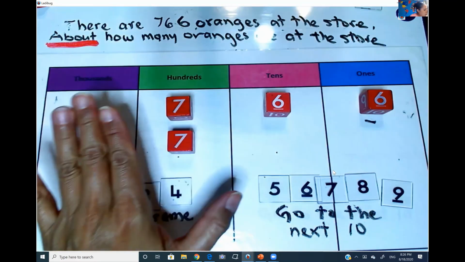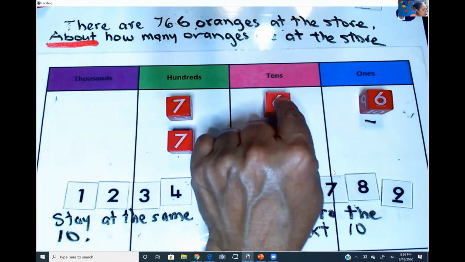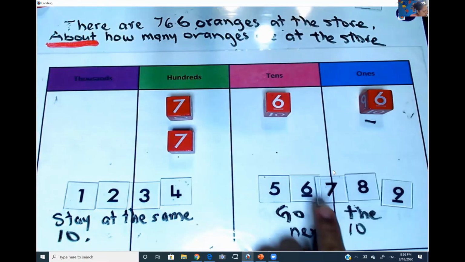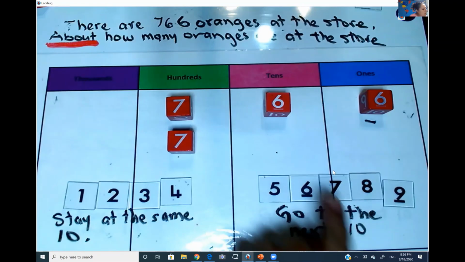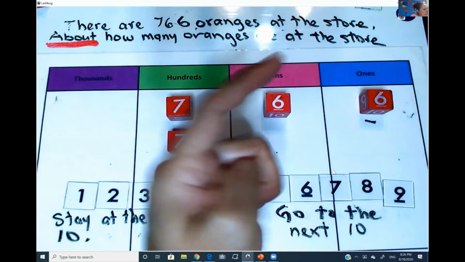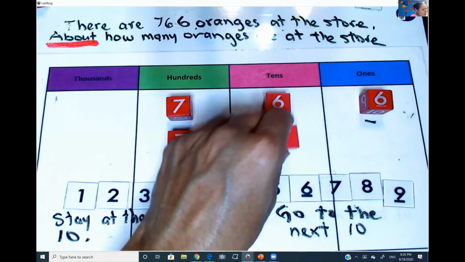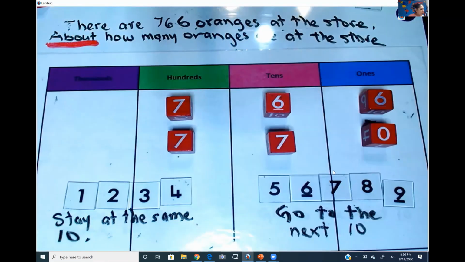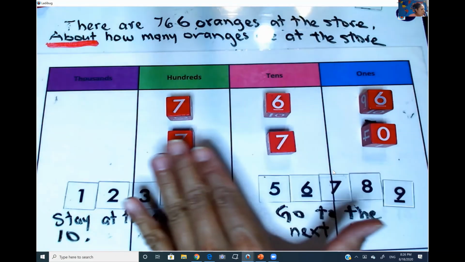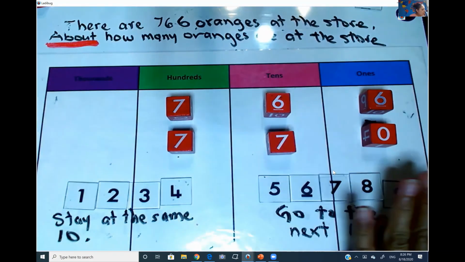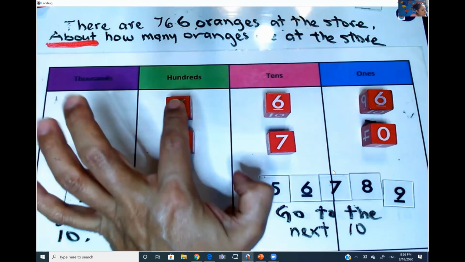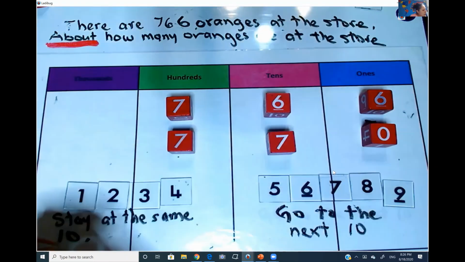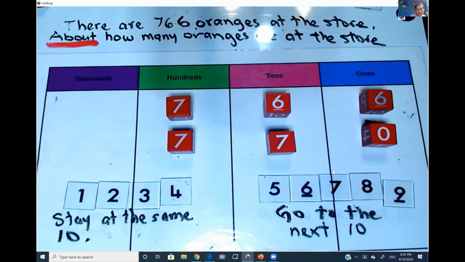I'm not rounding to the hundreds place. I'm rounding to the tens. And this time it says that if my number finishes in 6, I have to go to the next 10. So if I have 6 tens, the next 10 is going to be 7. And the 6 is going to be changed to a 0. Because in my number line, I'm going to be closer to the 770. So I'm going to have the same answer as before. 766 is 770 when rounded to the tens place.